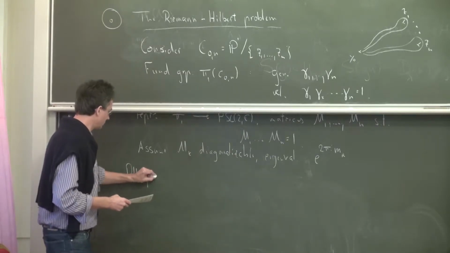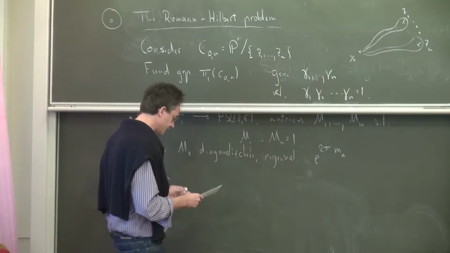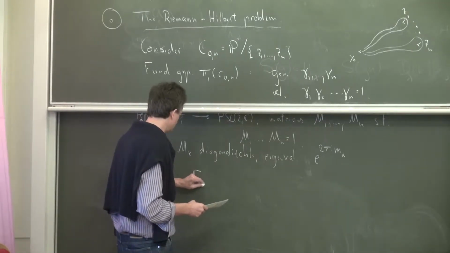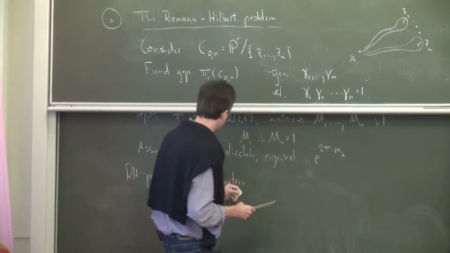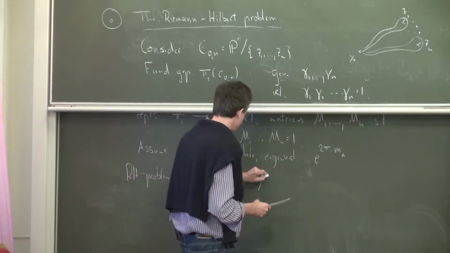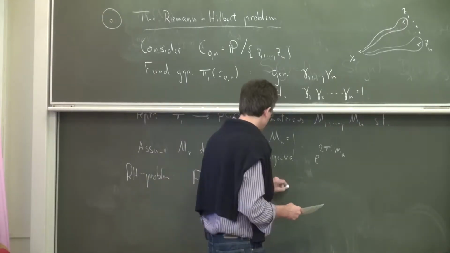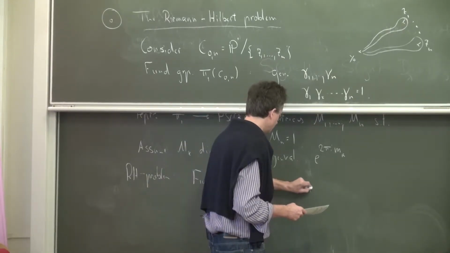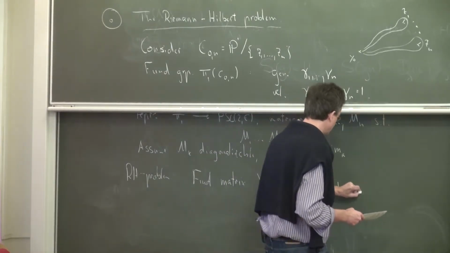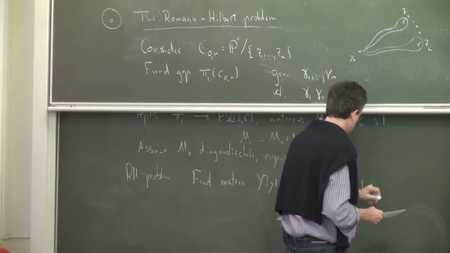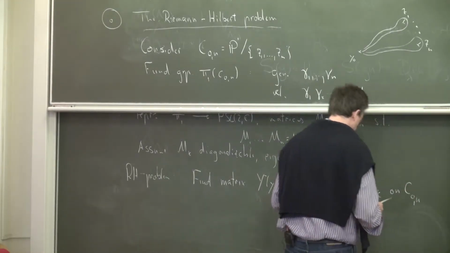So the Riemann-Hilbert problem is then to find a matrix valued function, capital Y of small y, which is multi-valued analytic on the n-punctured sphere.